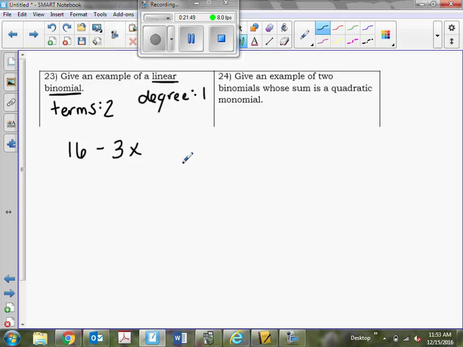And at number 24, it says, give an example of 2 binomials whose sum is a quadratic monomial.